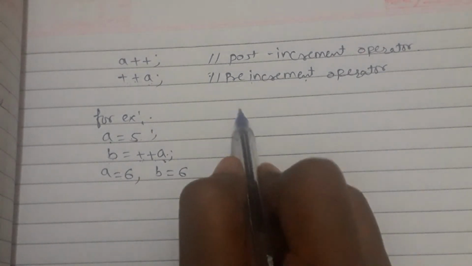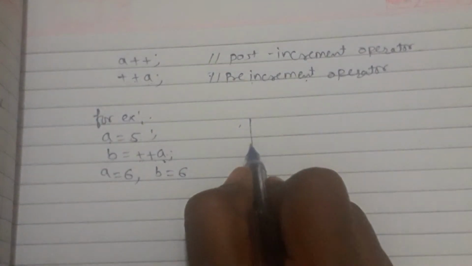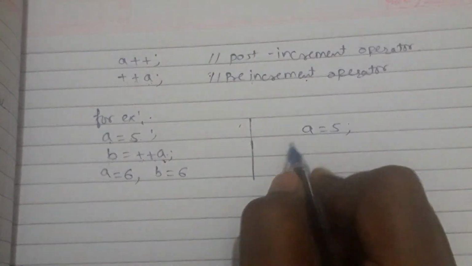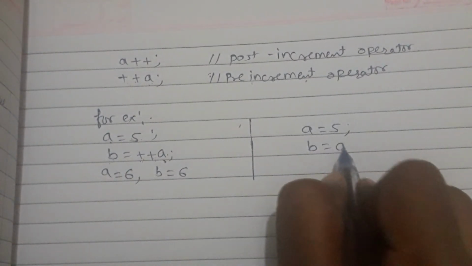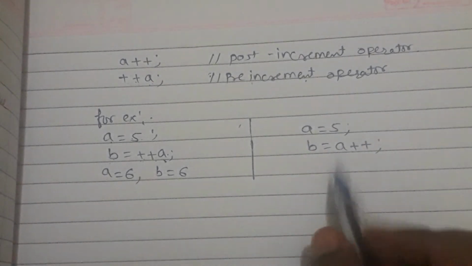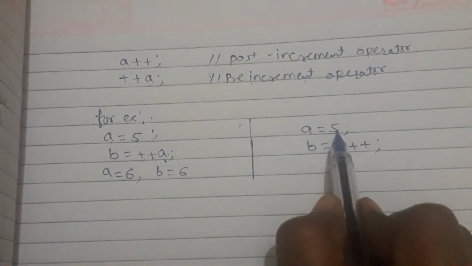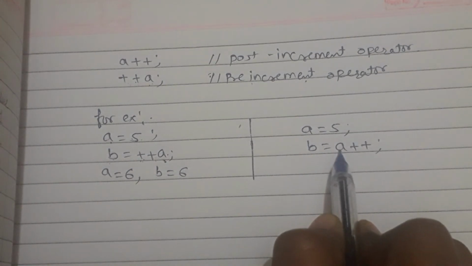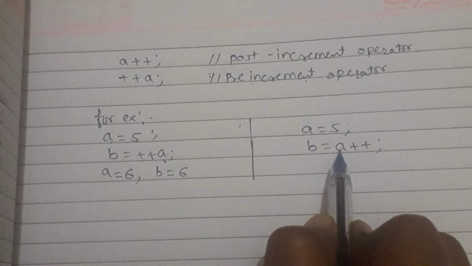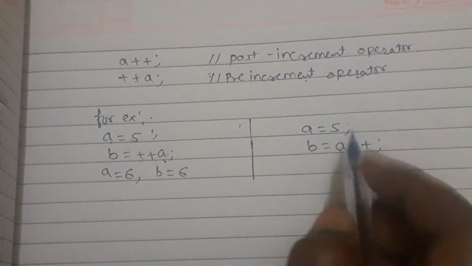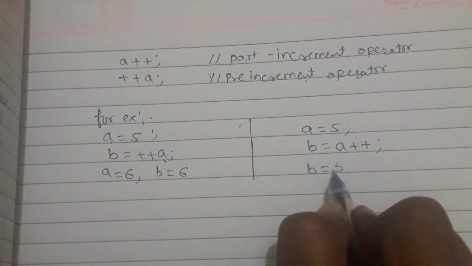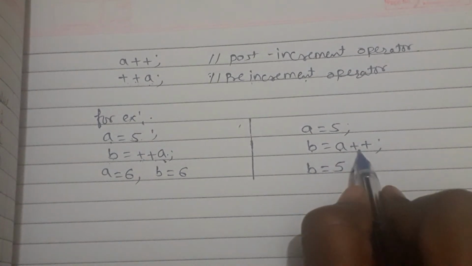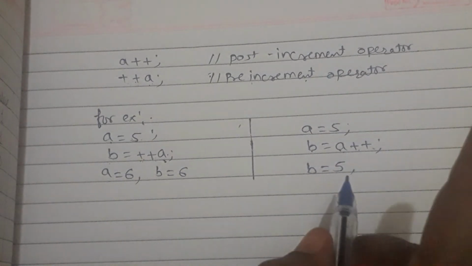Now we will see another example. In this example, a is equal to 5 and b is equal to a plus plus. Here first a is given, so the value of a is assigned to b. So b is 5, and after assigning, the value of a is incremented by 1.